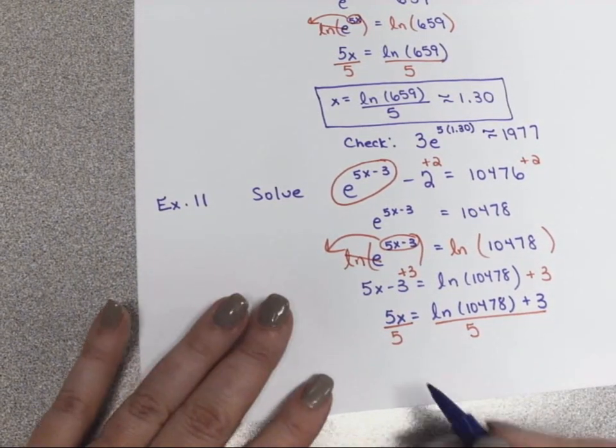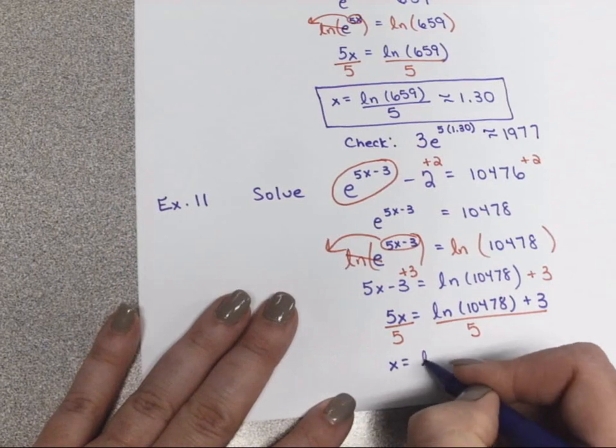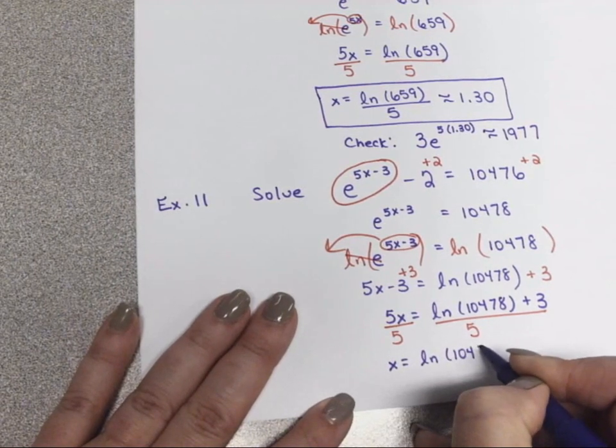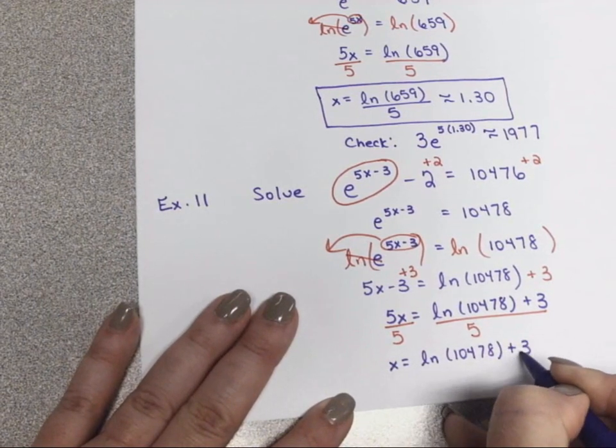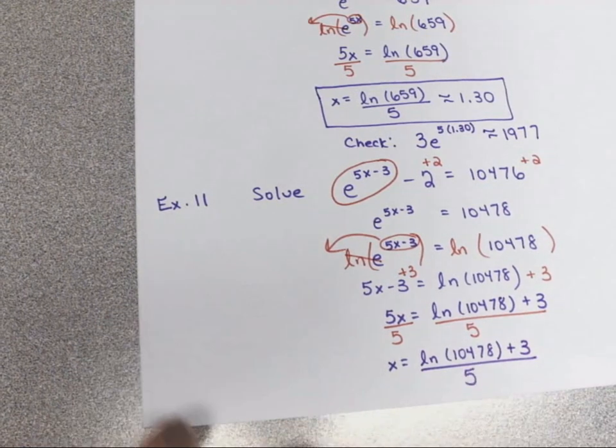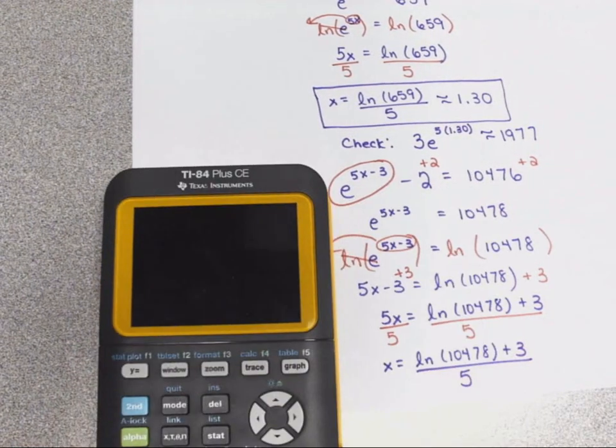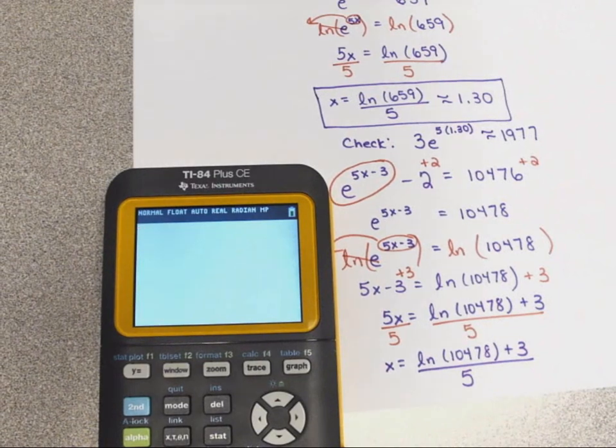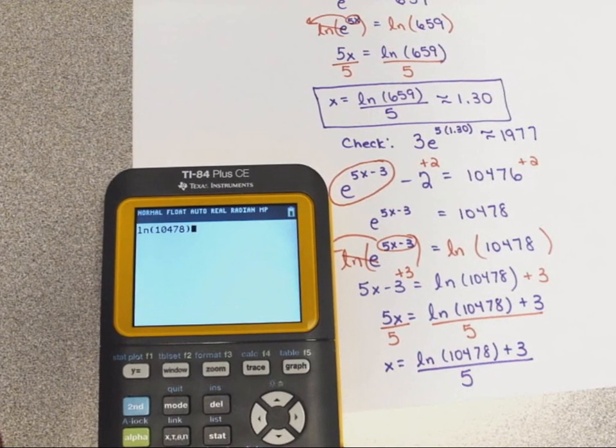We may not love the way this answer looks, but this answer is completely able to be plugged in the calculator, and your calculator can handle this with no issues whatsoever. So we're going to do ln of 10,478. Make sure you close your parentheses to let the calculator know you're done with the log part. Plus 3.